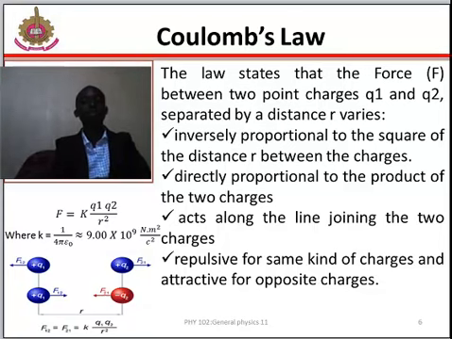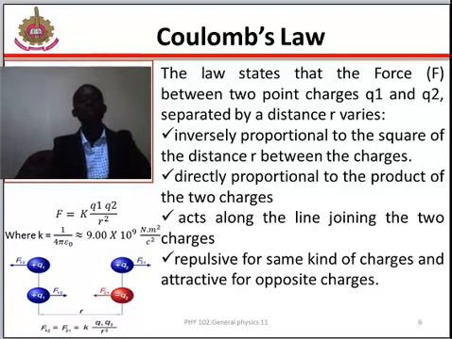The law states that the force F between two point charges Q1 and Q2, separated by a distance r, varies inversely as the square of the distance r between the two charges. This force is also directly proportional to the product of the two charges, and it acts along the line joining the two charges together. The force is repulsive when we have the same charges, and it is attractive when the two charges are opposite to each other.